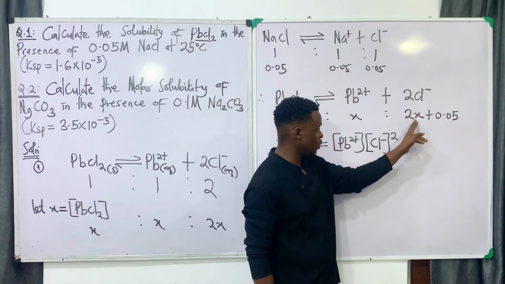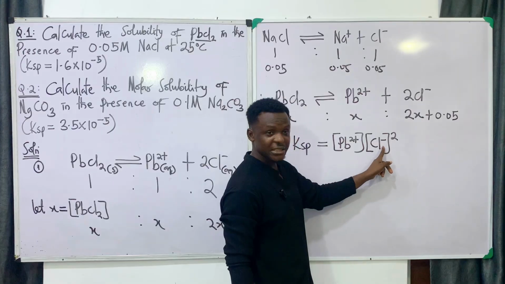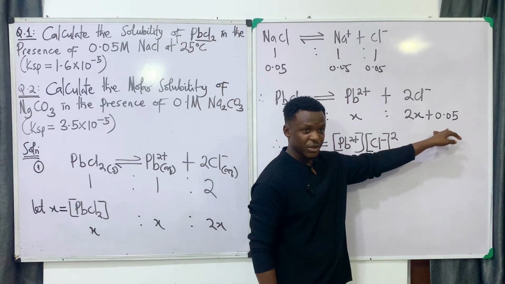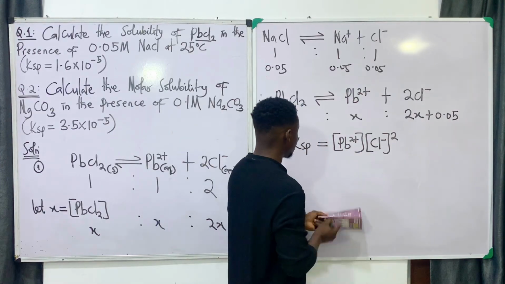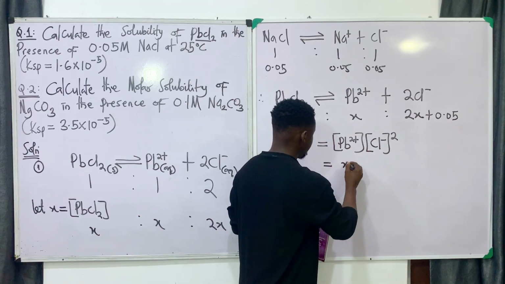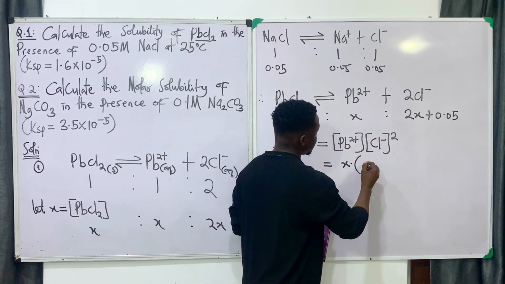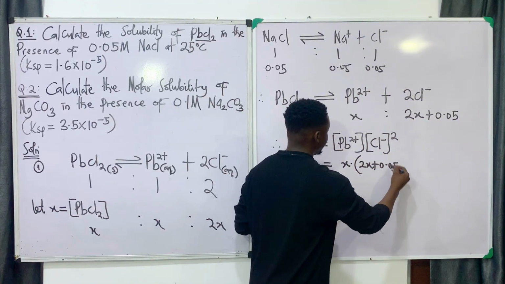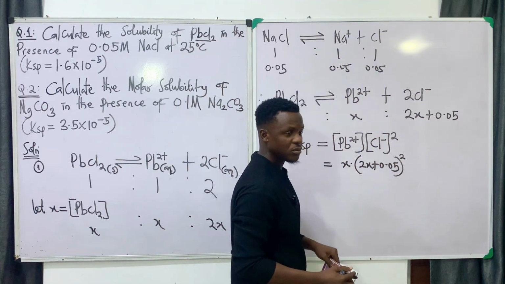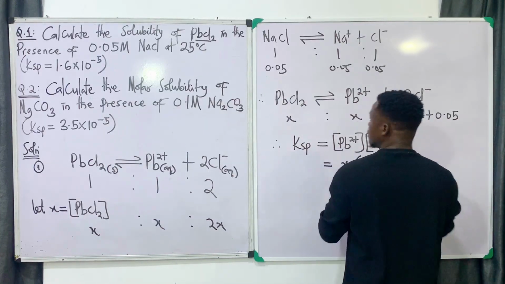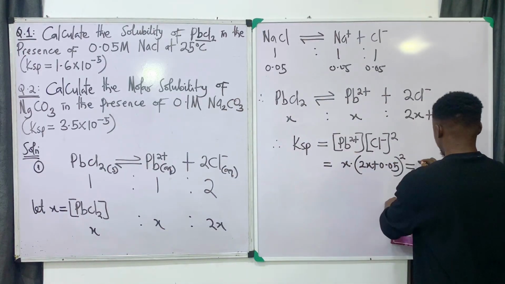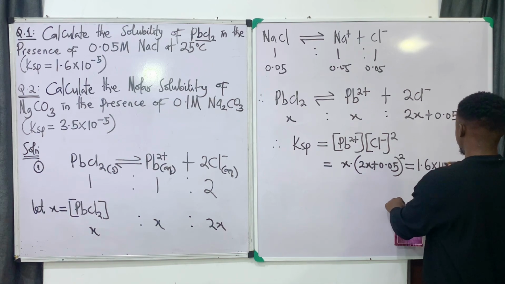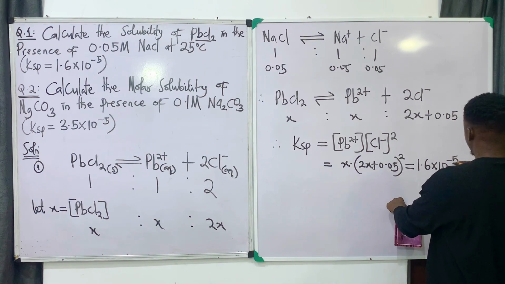You can just write 2x, but when you want to put the values inside a bracket, you now add the 0.05. So in place of Pb2+, you put x. In place of Cl-, you put 2x plus 0.05, raised to the power of 2. Now, this is equal to the Ksp, which is 1.6 times 10 raised to the power of minus 5.